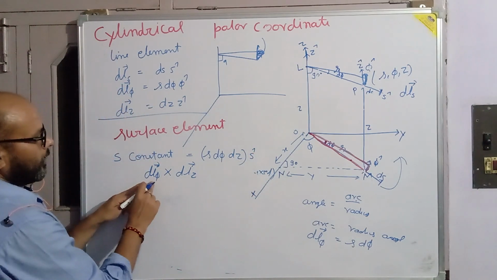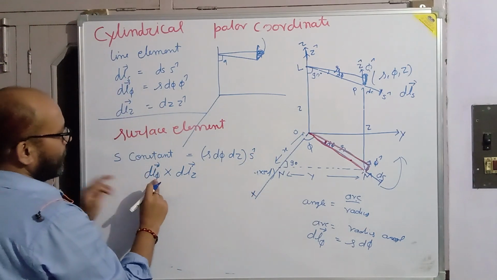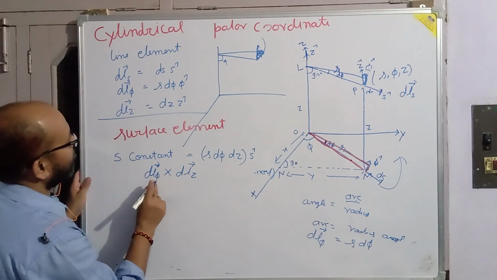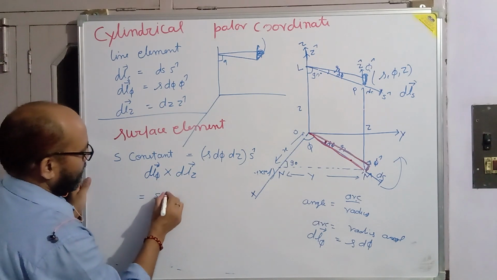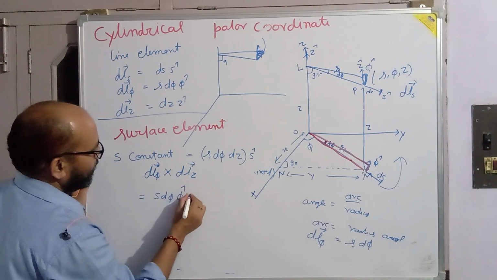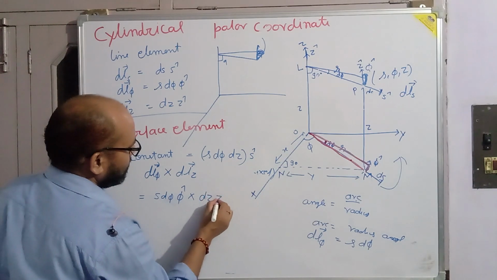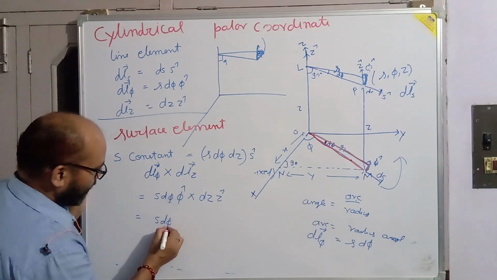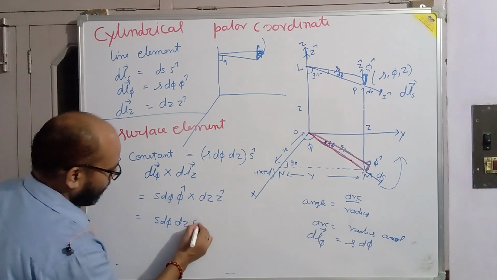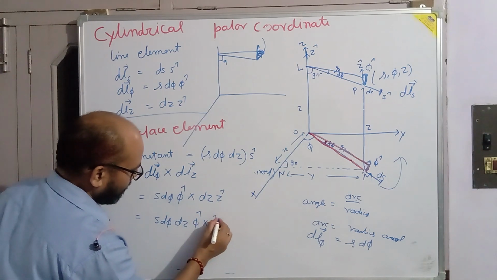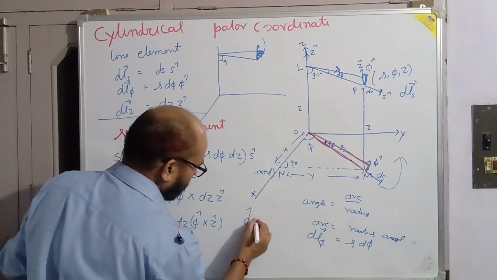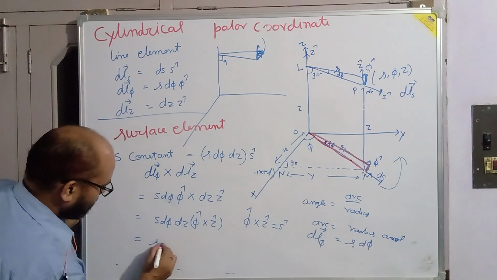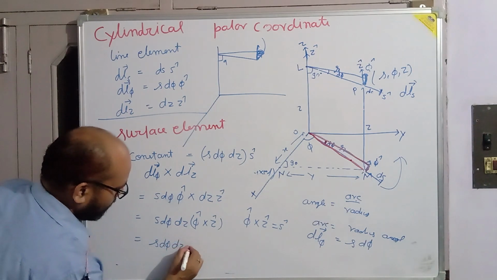Simply you can calculate by using the line element, dl phi cross dlz equals s d phi phi cap into dz z cap. So here s d phi dz is the scalar quantity, so s d phi dz phi cap cross z cap. So phi cap cross z cap equals s cap. So here s d phi dz s cap.